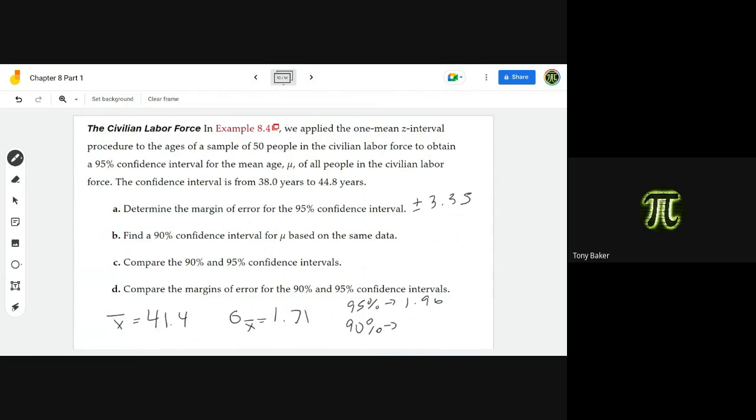Remember, you have to cut it in half. So we're looking for 0.05 or 0.95 if you were going that direction. And you should have gotten, it's right between 1.64 and 1.65. So the number they typically will use is 1.645. Okay. So if you want to write down on your thing, 90% is 1.645. If you use 1.64 or 1.65, it doesn't make that big of a difference. But again, they typically use 1.645 because it's right in the middle of those two values.